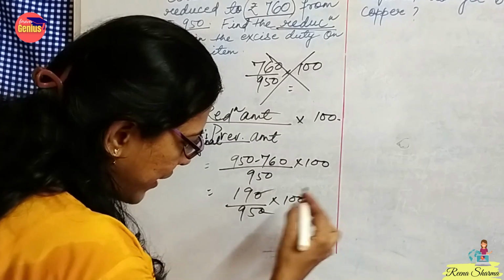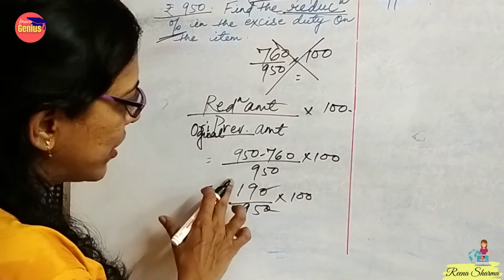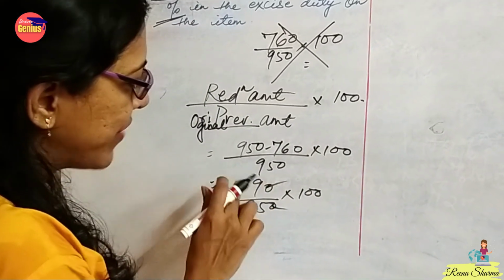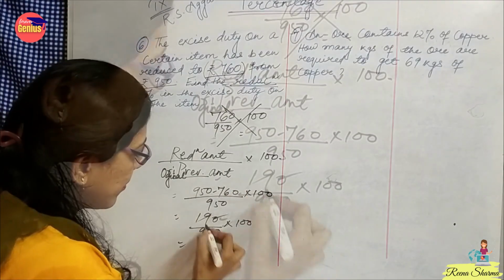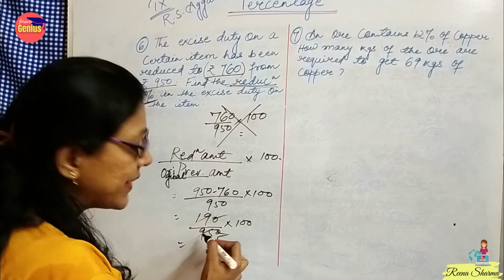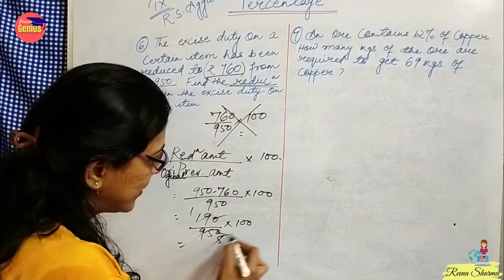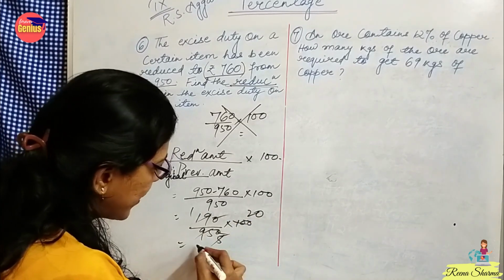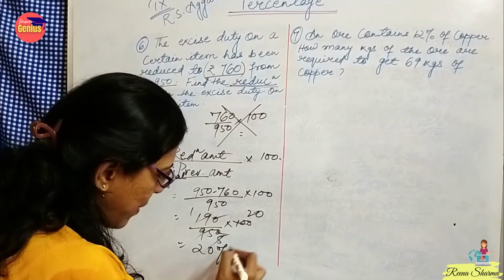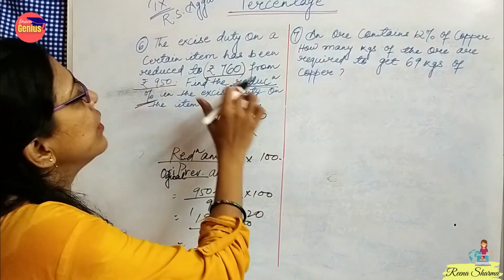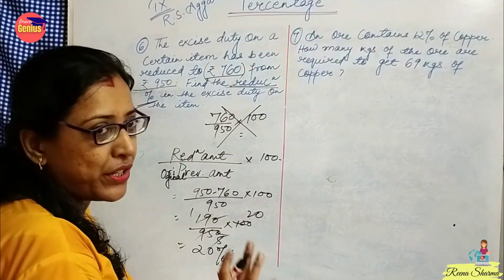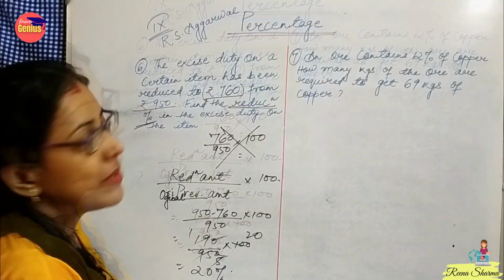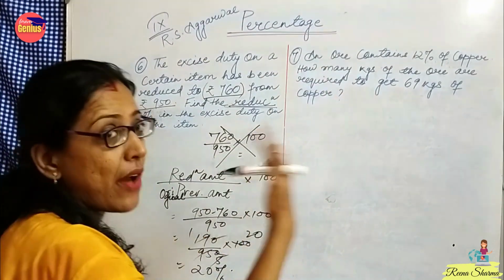When I did the calculation, the table of 19 5s is 95. Now this is equal to 20. So the reduction is 20%. So the excise duty on this item has been reduced by 20%. So now let's see our next question.